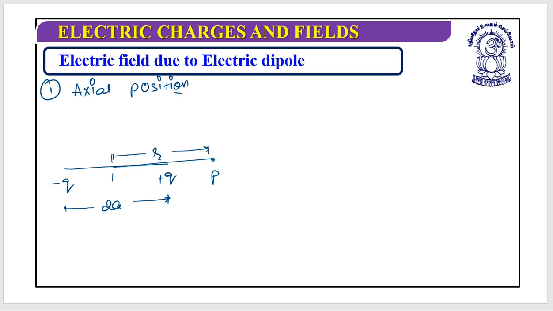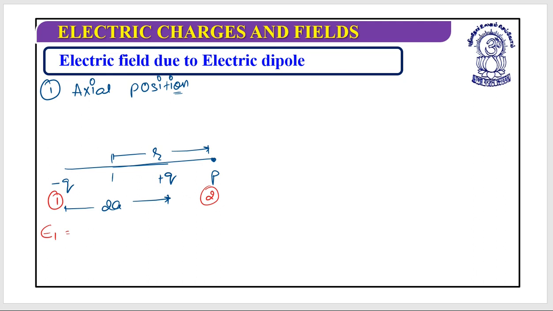So simply what you need to do is find out the electric field at this position. Now how could I find it? Let's do it very quickly. This is charge number 1, this is charge number 2. You need to write down the magnitude of electric field due to both the charges. What would be E1? Tell me.